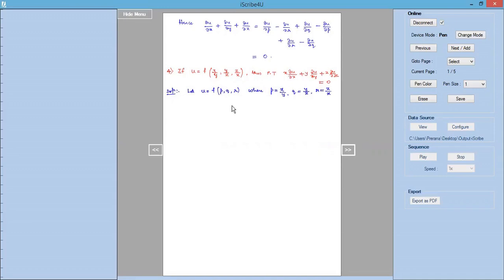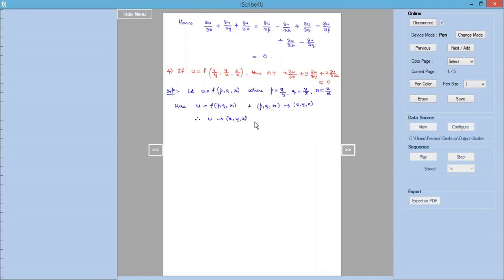Now, analyzing here, u is a function of p, q, r and p, q, r are functions of x, y, z. So therefore, u will be a function of x, y, z. That's our analysis. Hence, we will be able to write down the partial derivative formulas for ∂u/∂x, ∂u/∂y, and ∂u/∂z.